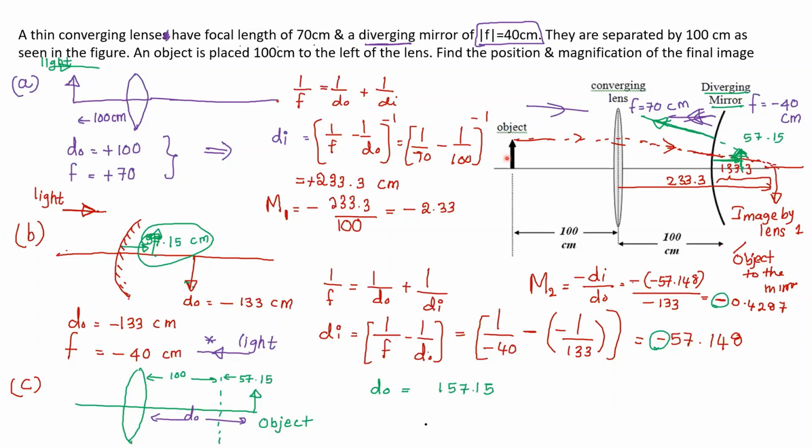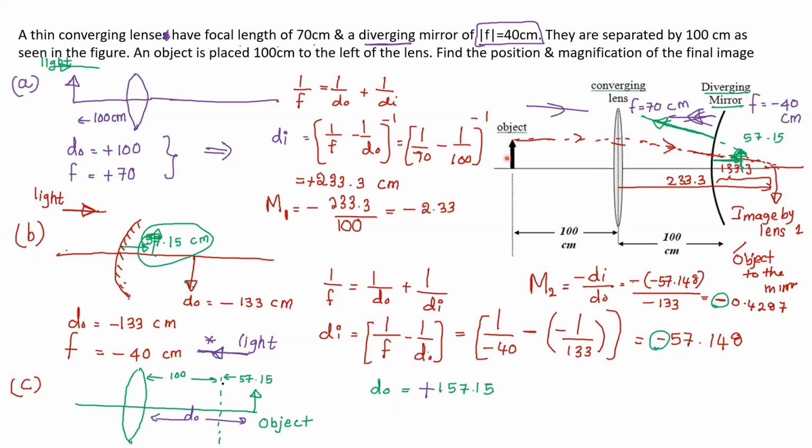For a lens, we know if the object is in the direction of light, it is positive, right? That is how I initially defined the table. So this value is positive because light is now coming in the other way.